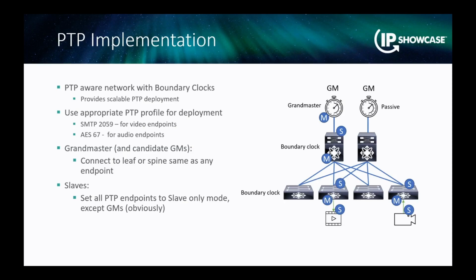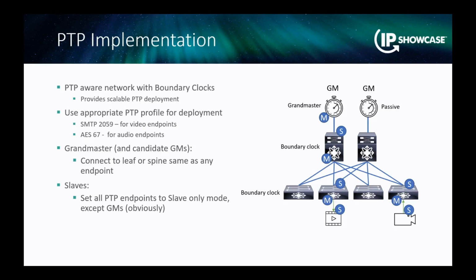Use the PTP profiles which accommodate the deployment you want. So either SMPTE 2110, SMPTE 2059, or if it's an audio deployment, then maybe go to AES67. Treat the grandmaster as any other device in the network, so you can connect it to the leaf or to the spine.